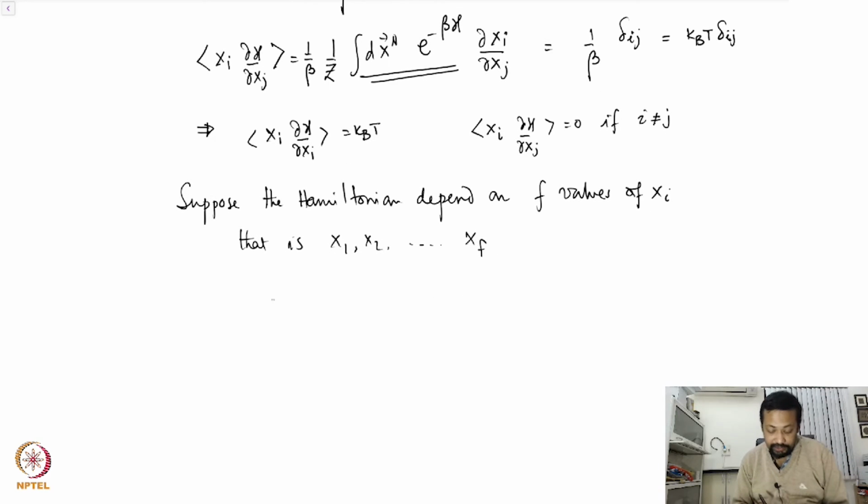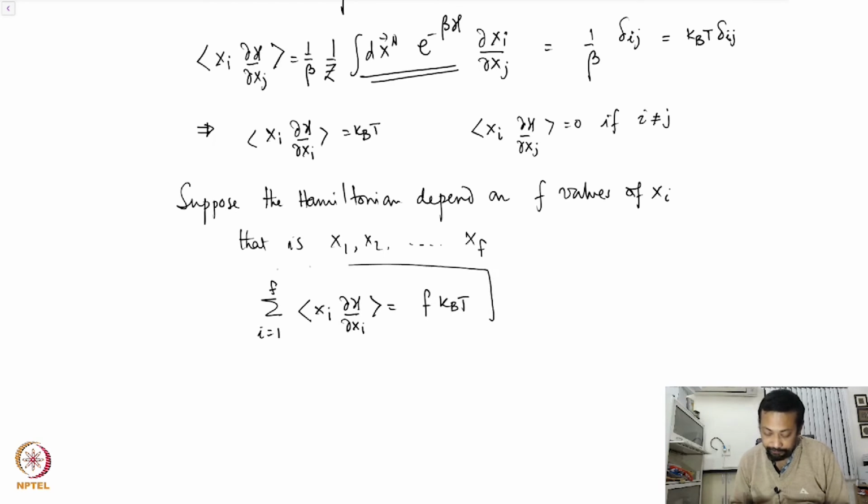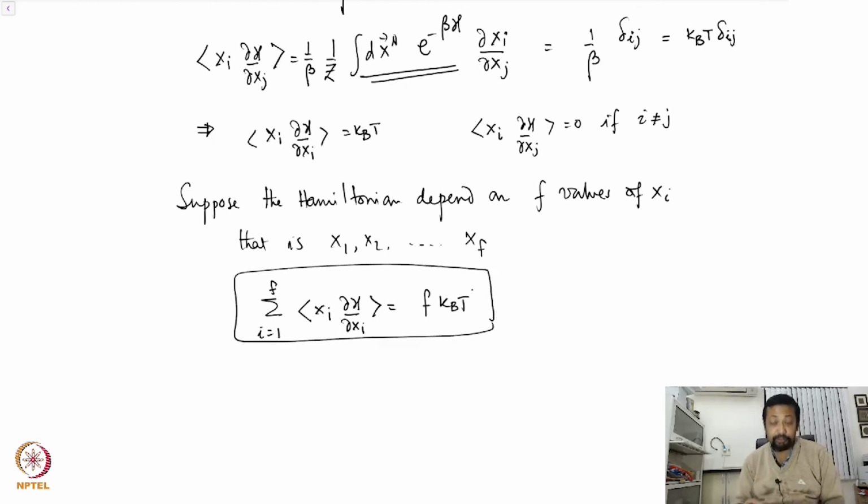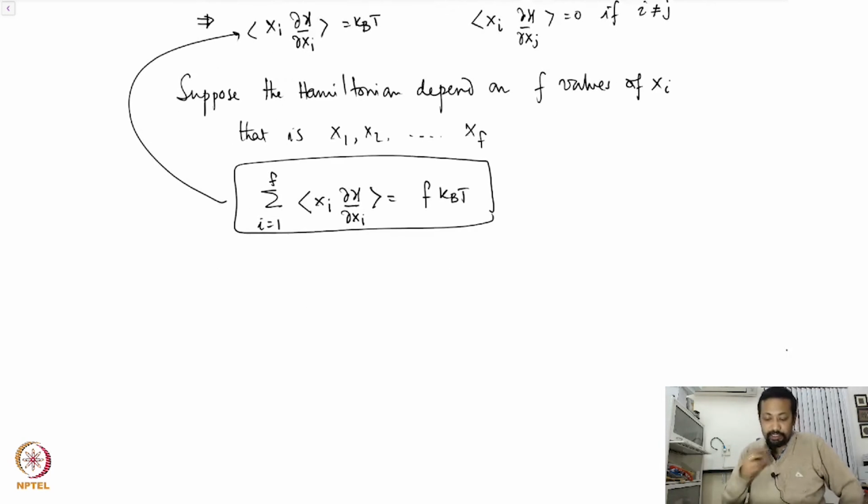Then it means that the sum over i equal to 1 to f of x_i ∂H/∂x_i is equal to f times k_B T. This particular expression follows from the one that we have written down over here.